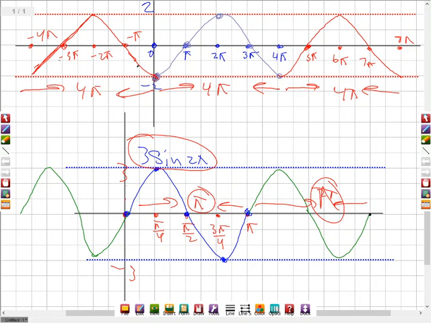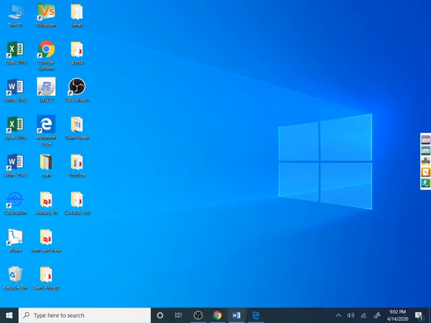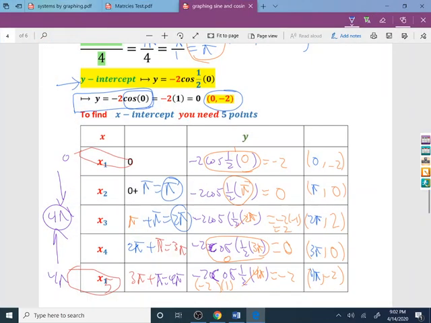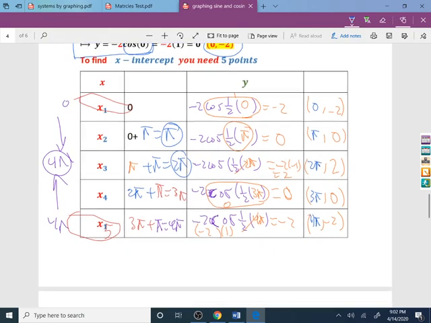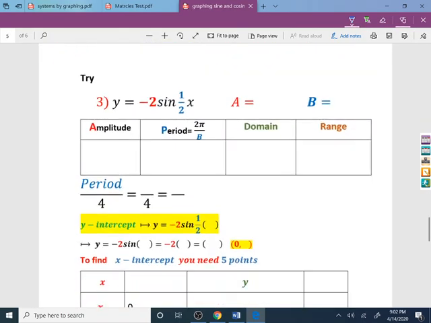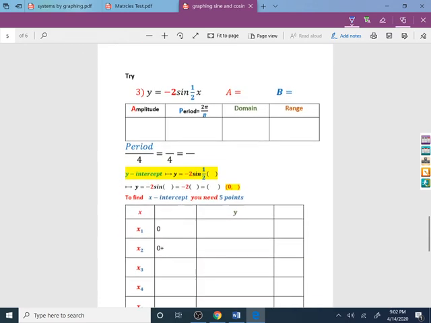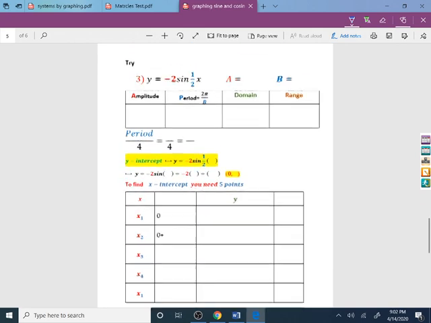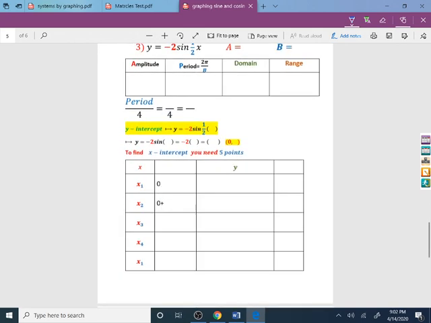Look, 1, 2, 3. Let me just move from this page and back to my page. Now, look what I need you to do. I'm going to leave this for 2 minutes. Try by yourself. If you have any question, you are more than welcome to contact me and I will send you the answers.